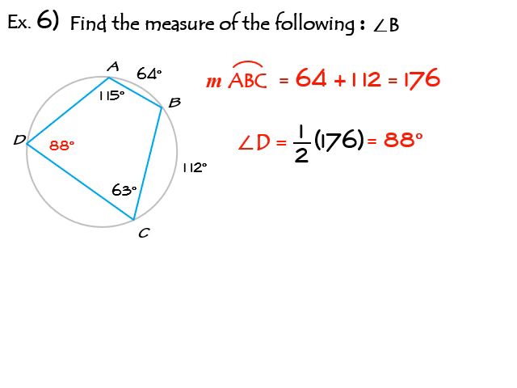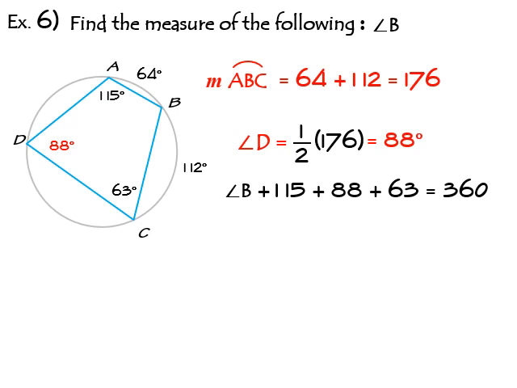Now what's next? Well, since this is a quadrilateral, the inside angle measures of a quadrilateral add up to 360 degrees. So we can say angle B plus 115 plus 88 plus 63 equals 360.